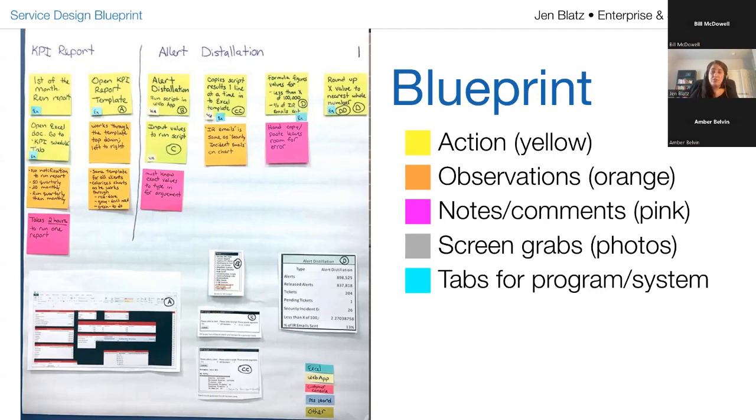And then I also had the screenshot so that everybody could see exactly what was shown on the screen during these steps. And it's a little difficult to see, but there's a little colored box on a lot of them. That is the software or the system that was involved in each of those steps. So this is how I modified the service design blueprint to examine what was really important to building out this report for the team.